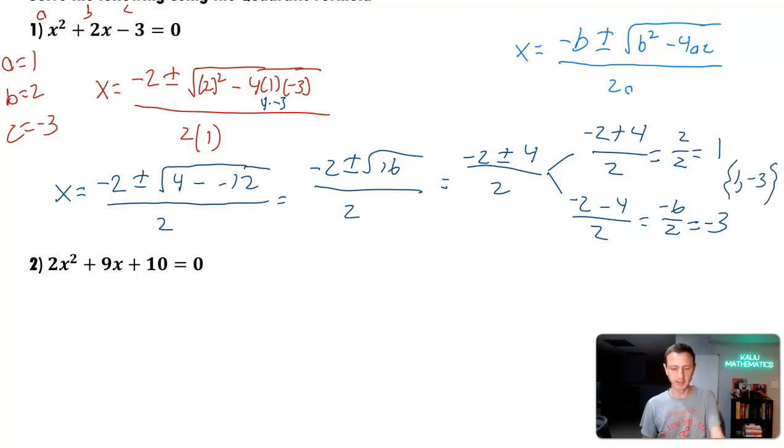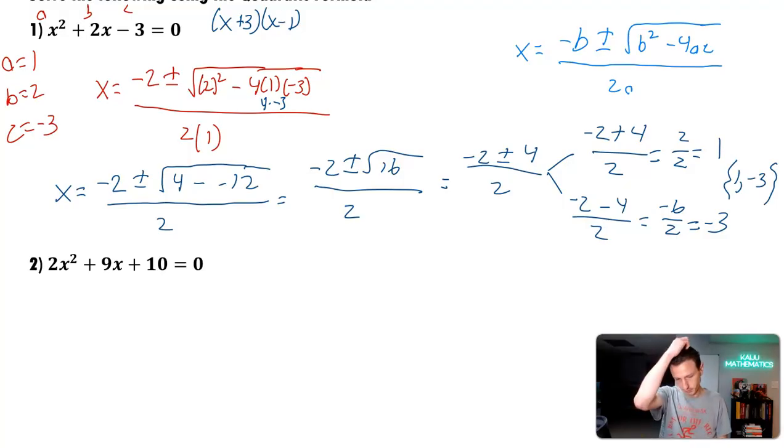If you go back to the beginning, just think about this. If I was given this quadratic and I asked you to factor, you would think about two numbers that multiply to negative 3 and add up to 2. That would be x minus 3 and x plus 1, because negative 3 times 1 is negative 3. Sorry, did I flip that? Yeah, it should be positive 3, negative 1. Sorry about that.